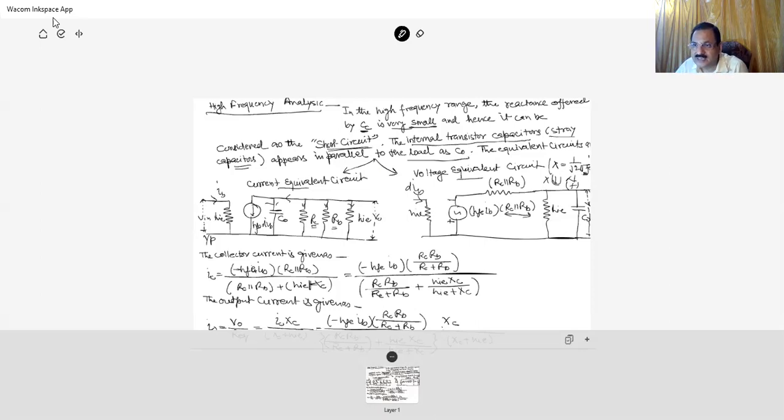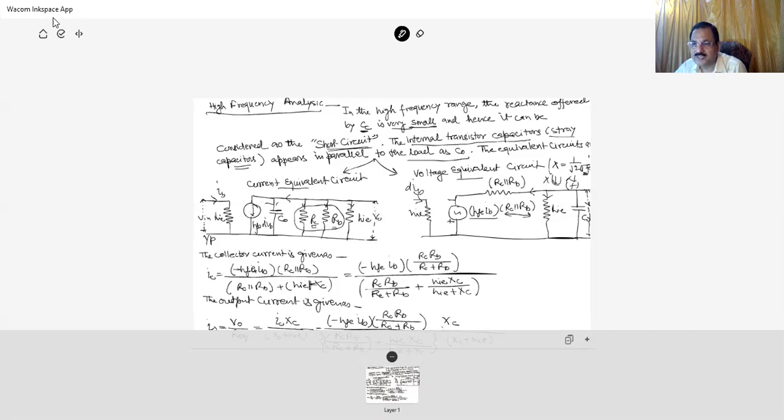So the collector current, that is IC, this is the collector current IC. The potential drop is HFE into IB, multiplied by RC parallel to RB. This is RC, and here it is RB.